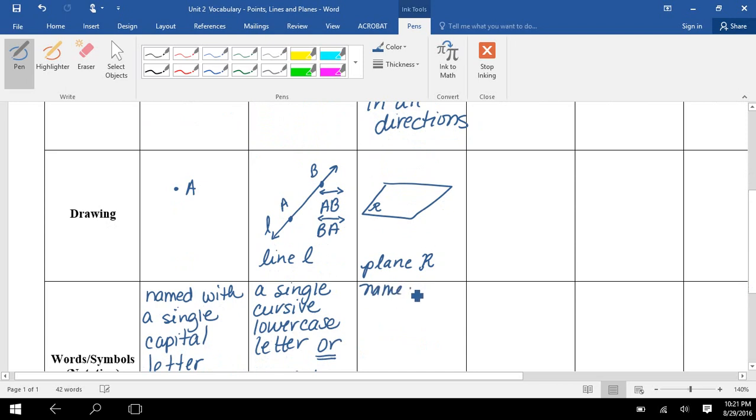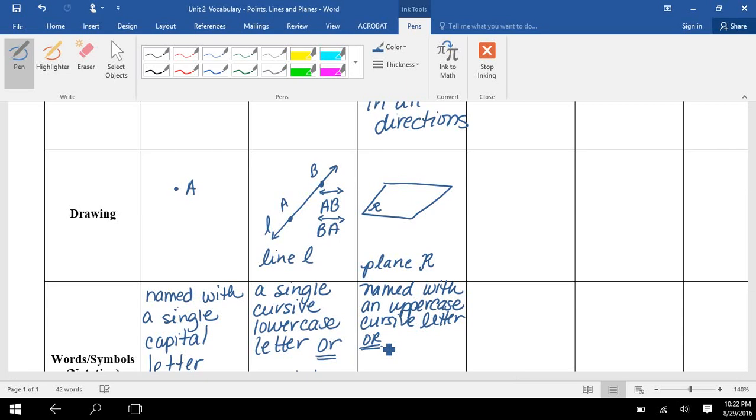Named with an uppercase cursive letter, and you'll know that that's the letter, like plane R, because you won't see any dots next to it.